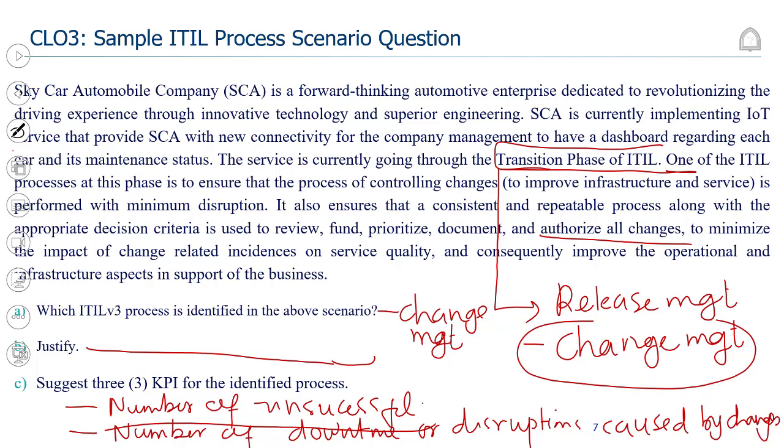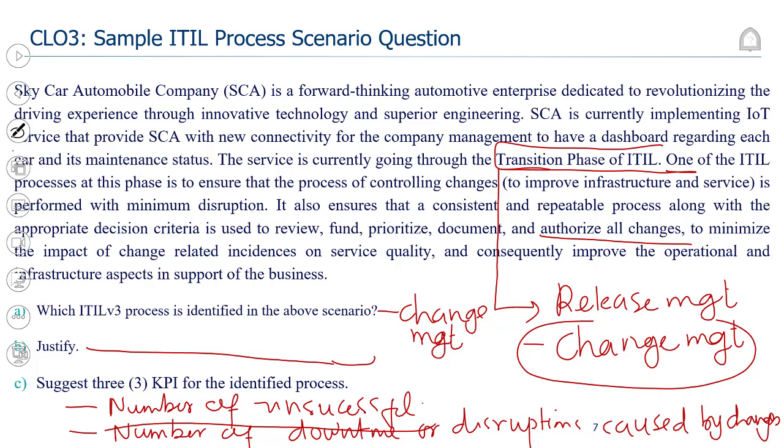Well, that is very important as well. If after a change you have a downtime, it means you did not test the change properly, or there was no proper testing of that change before you brought it to the production environment. So that's a very important thing. Or it also means you didn't have a rollback plan.